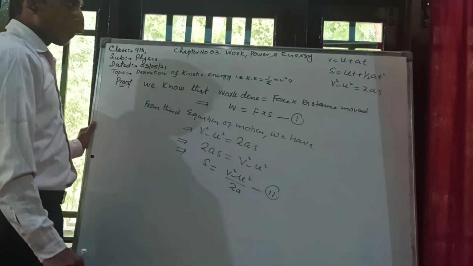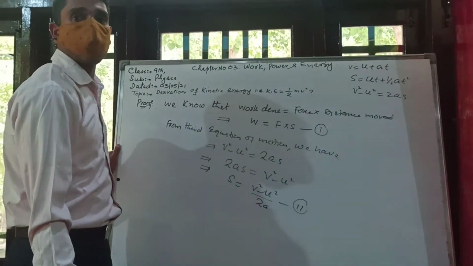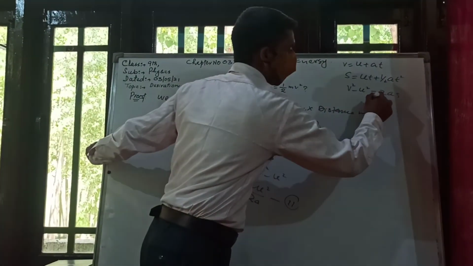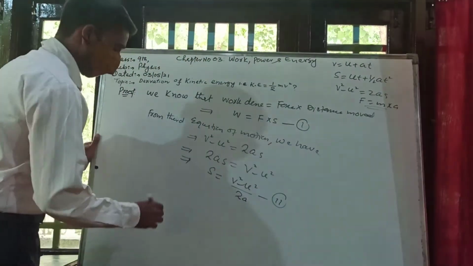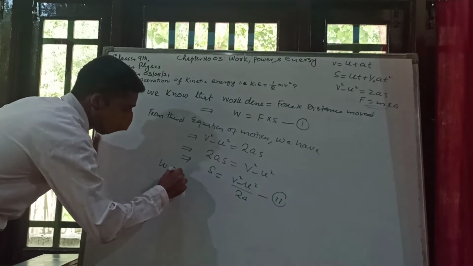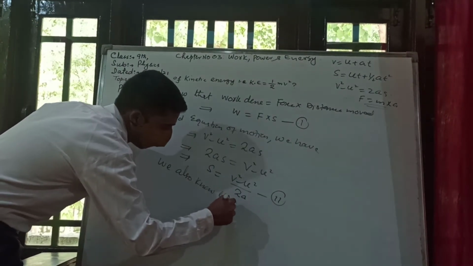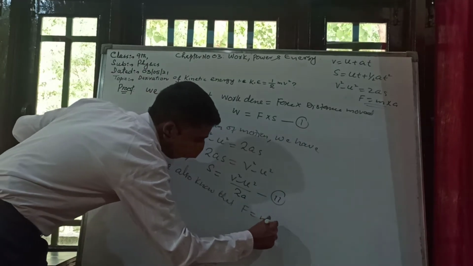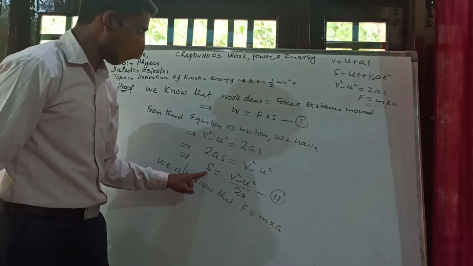You know that one more equation we learned in chapter number 2, force and laws of motion, that is force is equal to mass into acceleration according to Newton's second law of motion. So I may write here, we also know that F is equal to m into a. From the third equation of motion, we have taken the value of s.